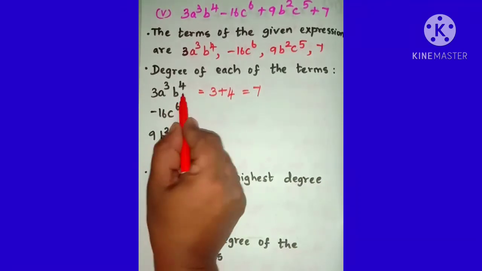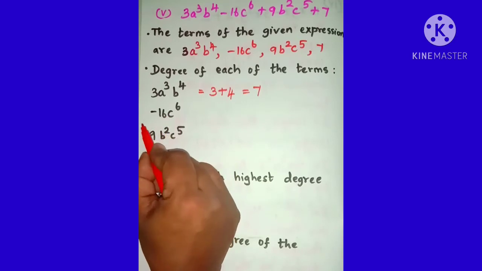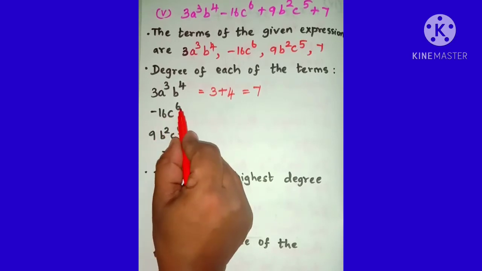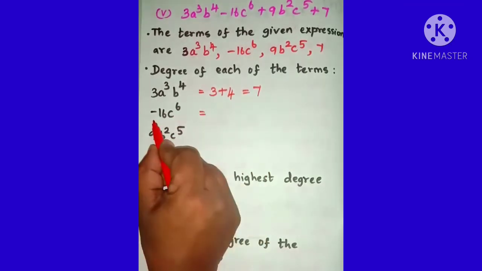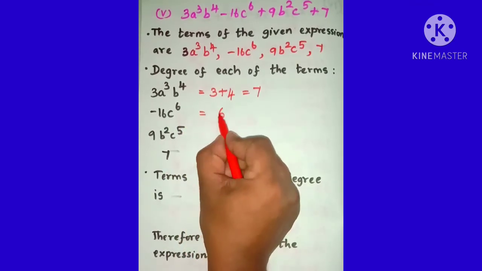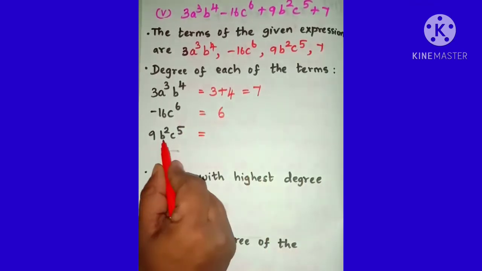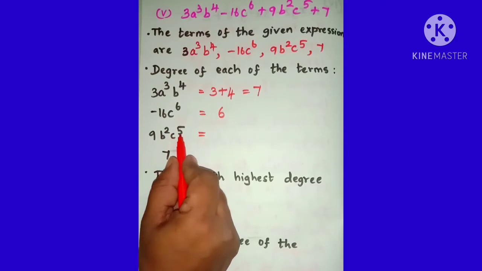And here minus 16 is the coefficient, so leave it, so c power 6, only one variable is there and its power is 6, so the degree of the term minus 16 c power 6 is 6. And here two variables are there, and the powers of these variables are 2 and 5.